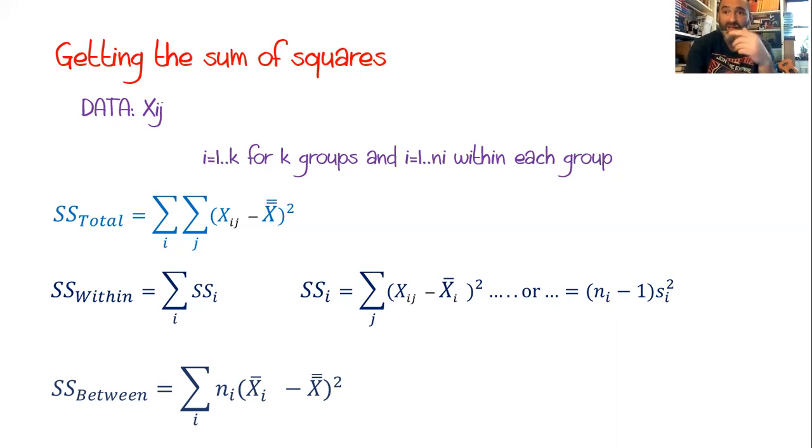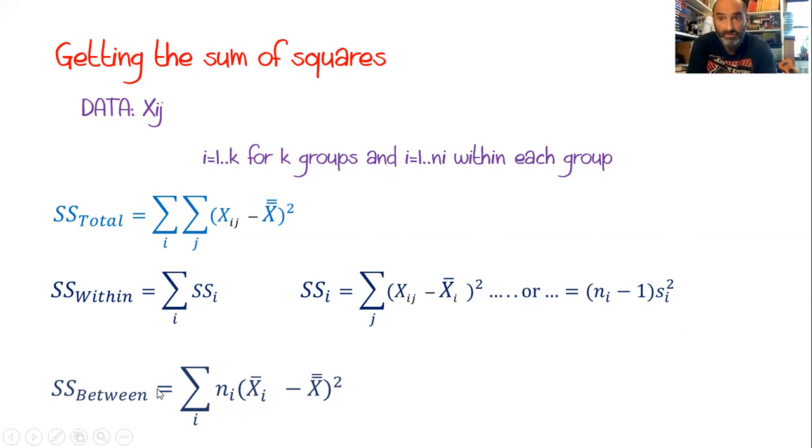If you're testing if mu's are equal, statistically you expect X bars to be equal or very close. So if X bars are very close, then X double bar is also very close to them, because X double bar is somewhere in the middle, all right? So if everything is very close, then you're going to have very small variation here.